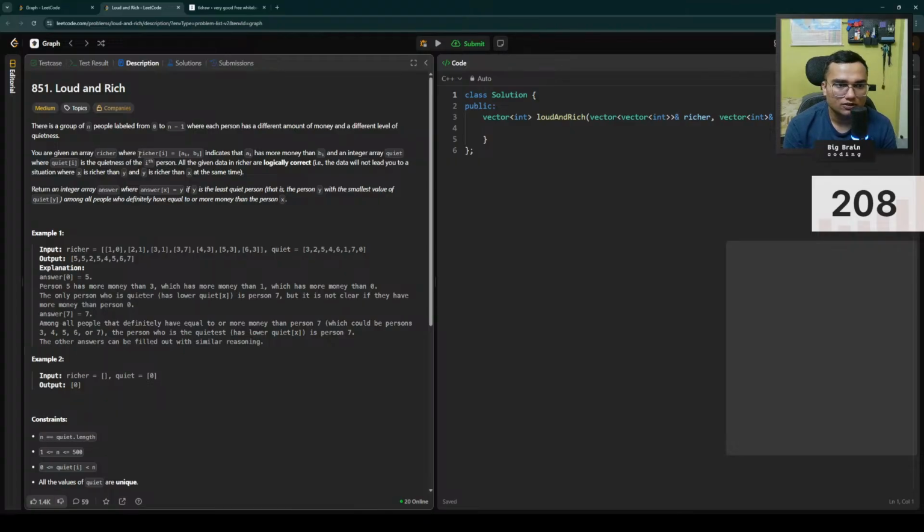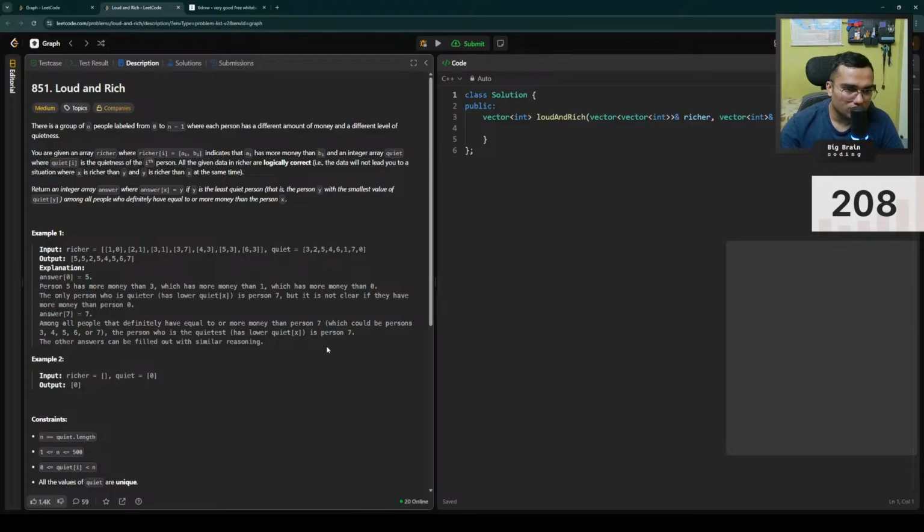The data will not lead you to a situation where x is richer than y and y is richer than x. Return an integer array answer where answer[x] equals y, if y is the least quiet person, that is the person y with the smallest value of quiet[y] among all people who definitely have equal to or more money than the person x.